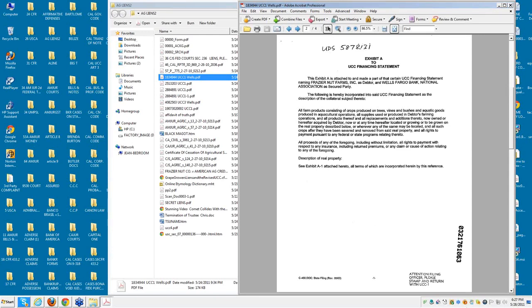They call it a real property description when they do a financing statement, but that's not what it is. It's not real property. Land is land, not property. Everybody refers to it as real property, but it's called land.